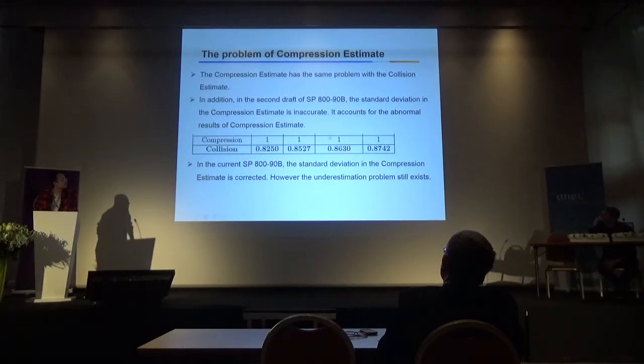But in fact, these abnormal results come from the inaccurate standard deviation in the compression estimate in the second draft, and now it is fixed. But the other problems still exist.